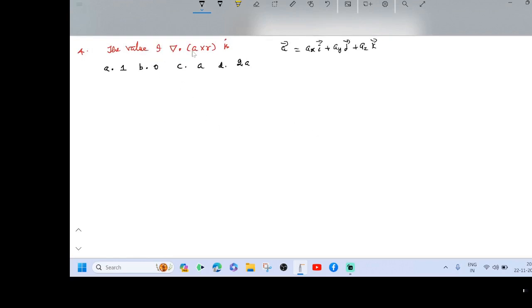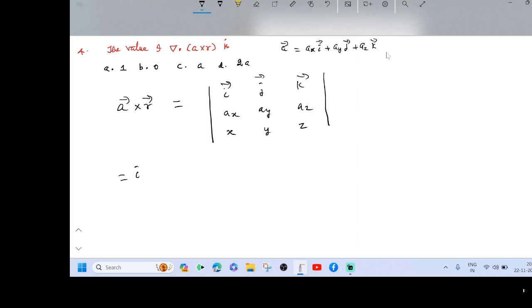The value of del dot (A cross R) is, they have given 4 options. Here A is a constant vector, Ax into i plus Ay into j plus Az into k. First we have to find out A cross R, which is the determinant of i, j, k; Ax, Ay, Az; x, y, z. Position vector R equal to i into x plus j into y plus z into k.